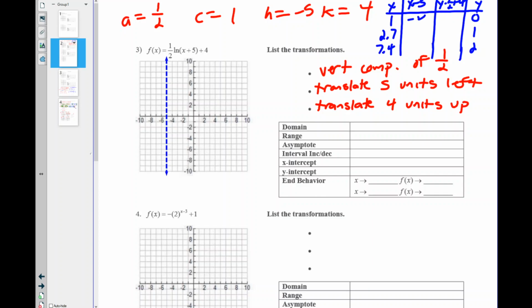So minus 5 is negative 4, negative 3.7, and then this is 2.4. 1/2 plus 4 is 4. This is 0.5, 3.5, and wait, that doesn't make sense. Plus 4, 4.5. This should be 4, 4.5, and 5.